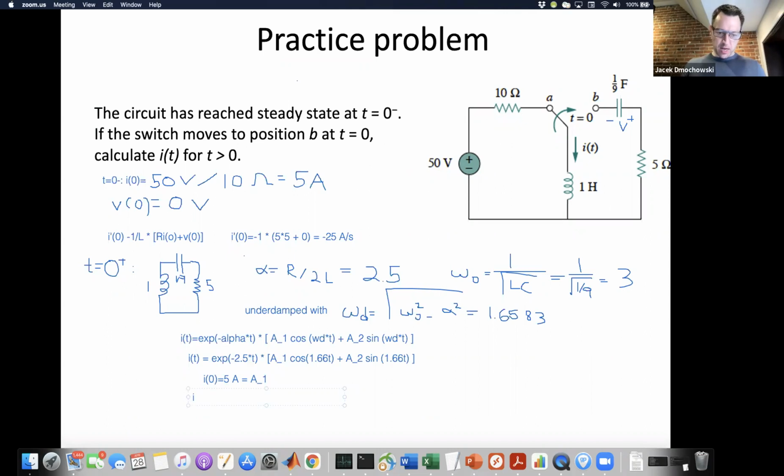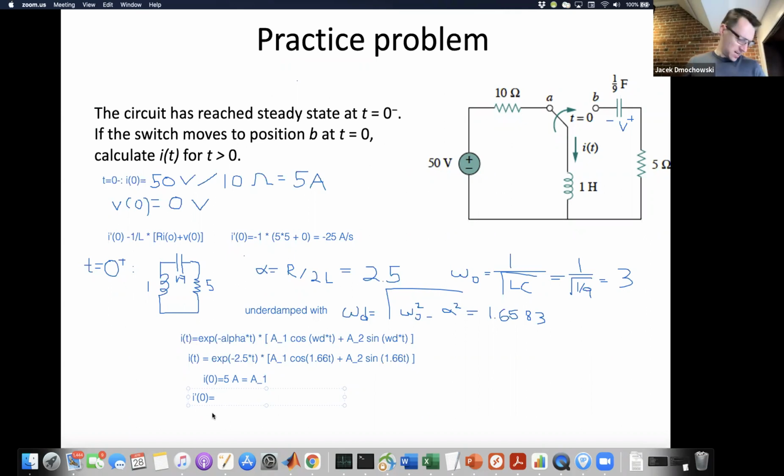Now, what about the derivative? This one's a little bit more simplification, because you have to take the derivative of this function and then set it to 0.